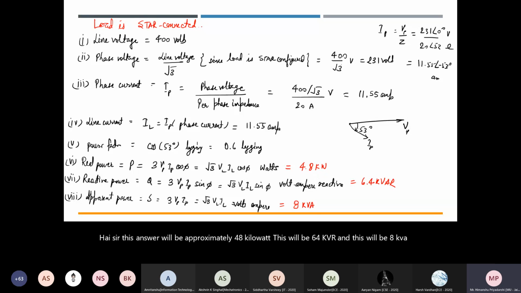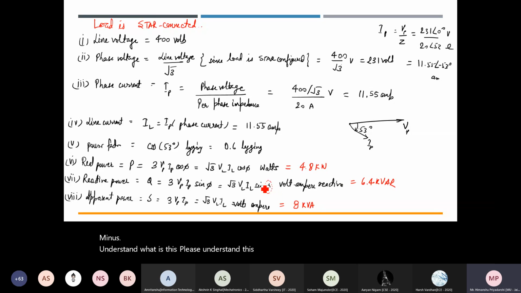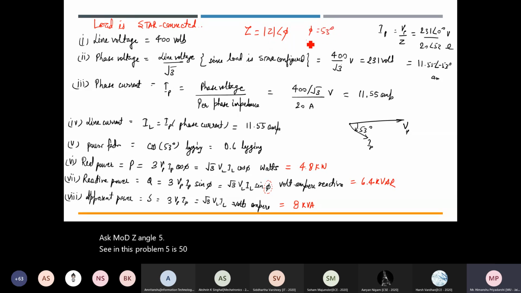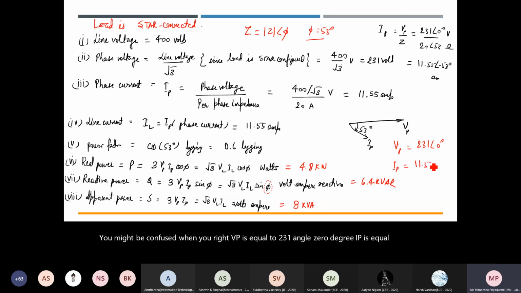Okay, now Amritanshu has raised a very nice thread. In the chat box he has written minus. Now we need to understand what this is. Please understand this phi is the angle of the per phase impedance. Generally Z is mentioned as mod Z angle phi. Now if you see in this problem, phi is 53 degree, but you might be confused when you write Vp is equal to 231 angle 0 degree, Ip is equal to 11.55 angle minus 53 degree ampere.